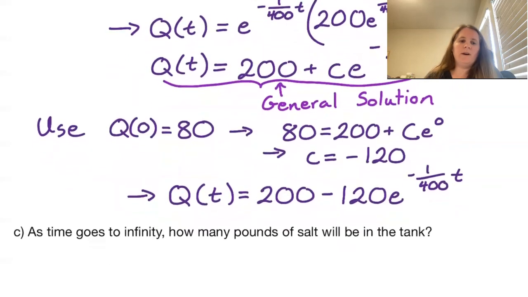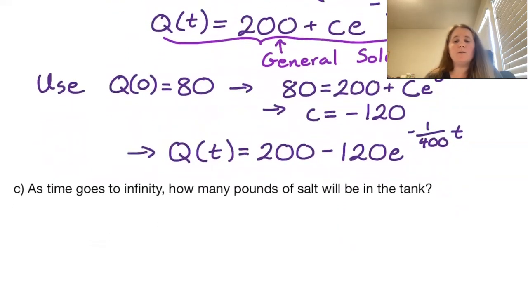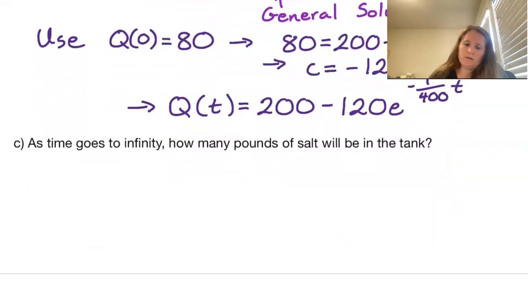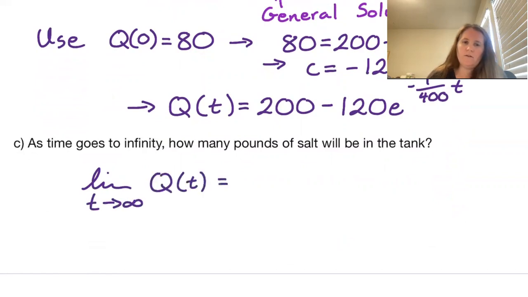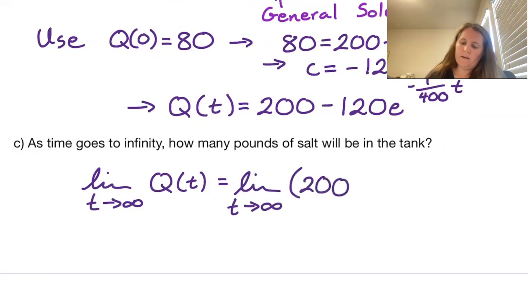So then we want to know, as time goes to infinity, how many pounds of salt will be in the tank, or how many pounds of salt the quantity will approach. So we'll look at the limit as t goes to infinity of Q of t, or the limit as t goes to infinity of 200 minus 120 e to the negative 1 over 400 times t.